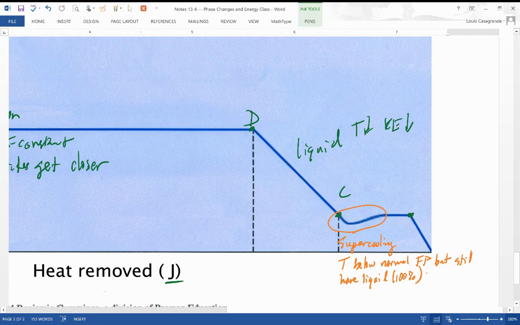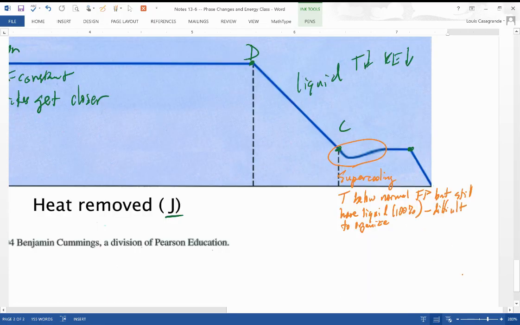And the reason for this is that sometimes it's difficult to organize. Let me roll up a little bit. Organize the molecules into the crystal. And as long as you can keep that liquid from organizing, it will stay a liquid.